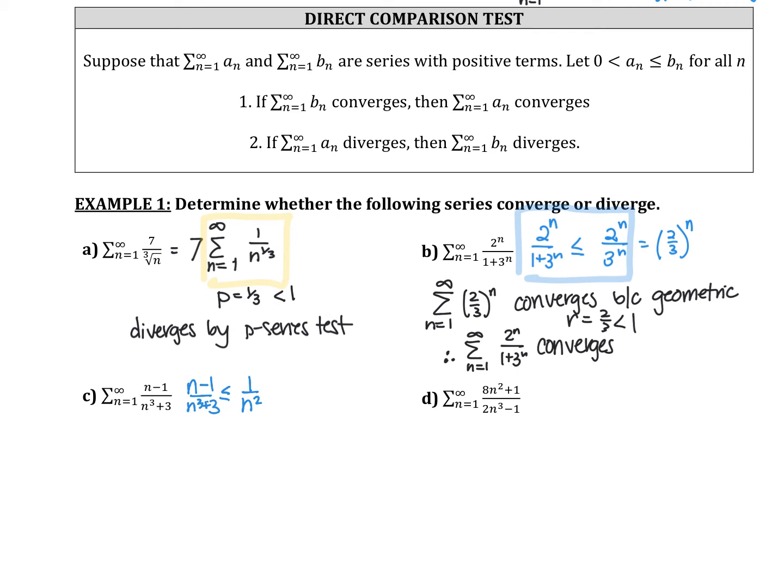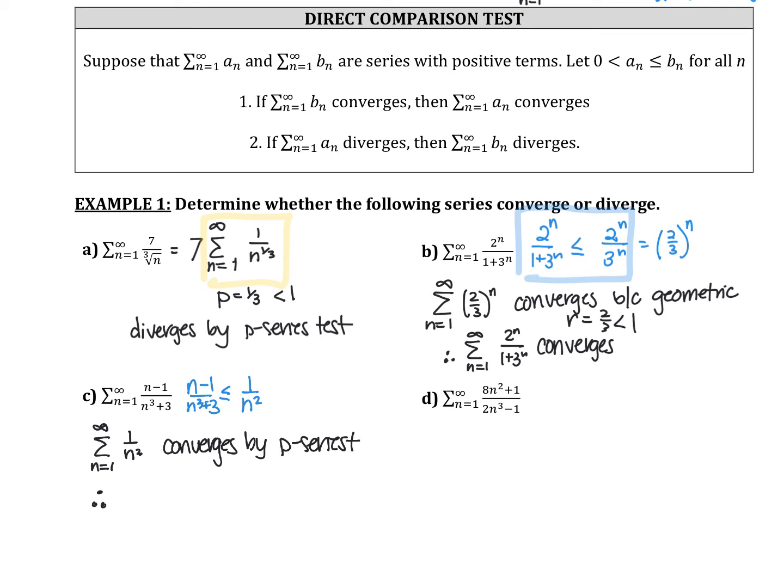Okay, so because I know this, what I can say is that the series from 1 to infinity of 1 over n squared converges by the p-series test.